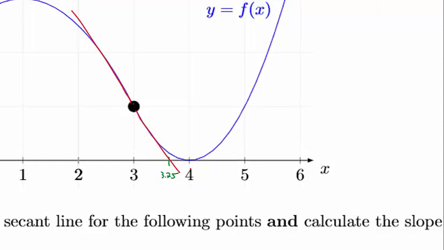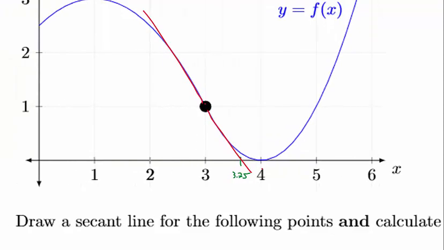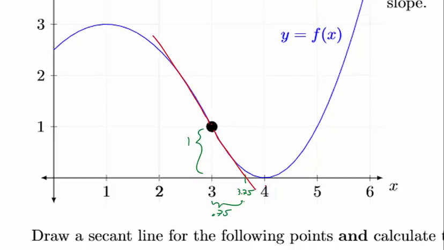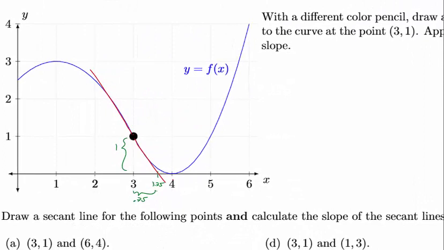Okay, and so note that we're coming down a distance of 1, and then we run over a distance of 0.75. All right, so we want to calculate our slope here up on the side, and so slope is rise over run, and so our slope is approximately equal, because it's not definite, because we're just eyeballing it.